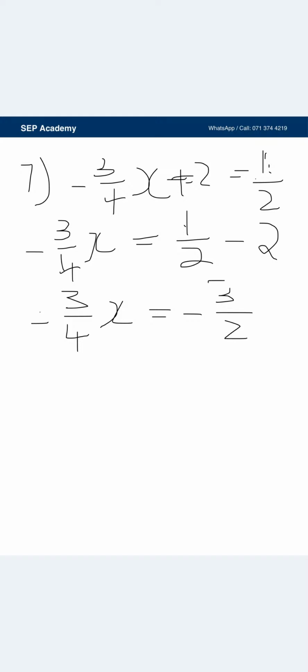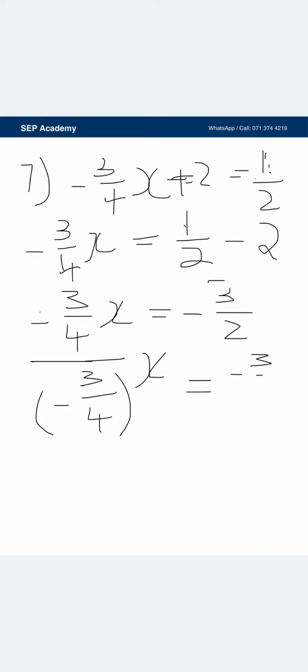So I think by now you do know very well that I'm going to divide both sides by that, just so that I can detach it. Then on this side I'm having that negative 3 over 2, where I need to divide it by that, just so that this will cancel completely with that.